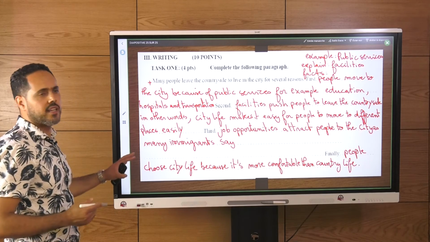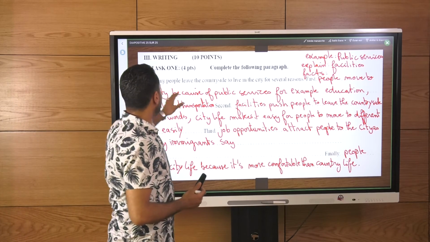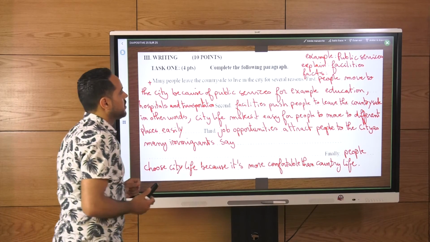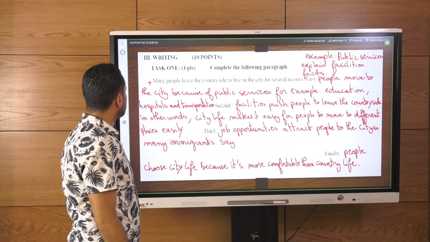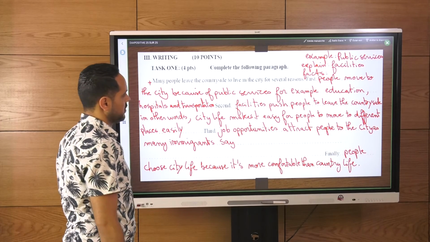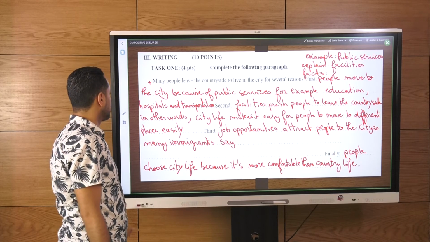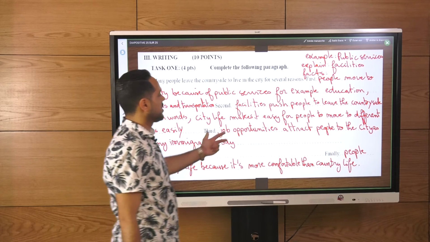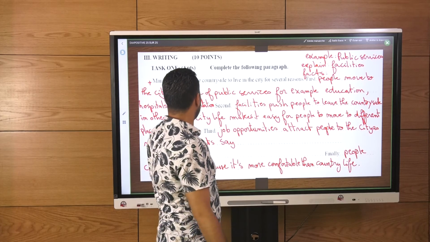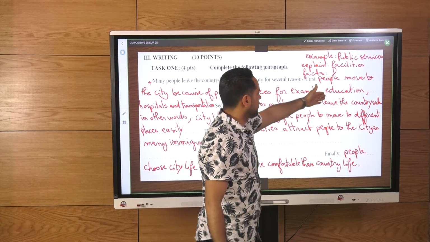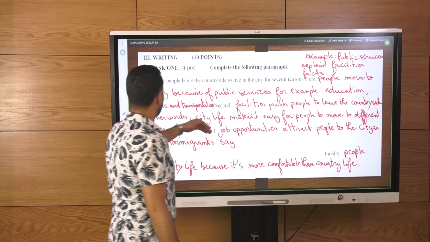So this is our final work. Many people leave the countryside to live in the city for several reasons. First, people move to the city because of public services, for example, education, hospitals, and transportation. I repeat, this is what we call giving examples. You give the idea and you give examples to explain your opinion.